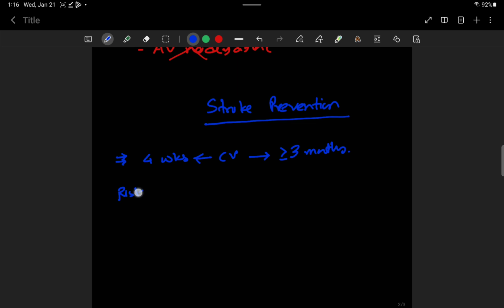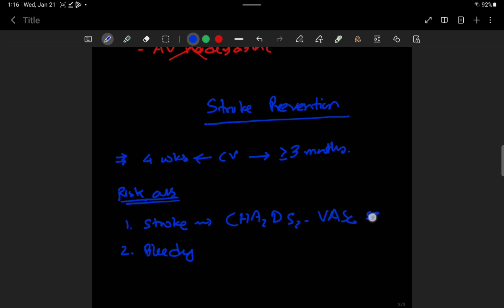Whom you will give, you have to do a risk assessment, 2 risk assessments, for stroke and for bleeding. For stroke, the assessment is known as the CHA2DS2-VASc score. I will explain it in later videos. Another one is the HAS-BLED score for bleeding.